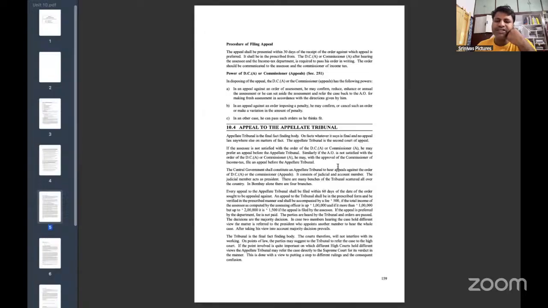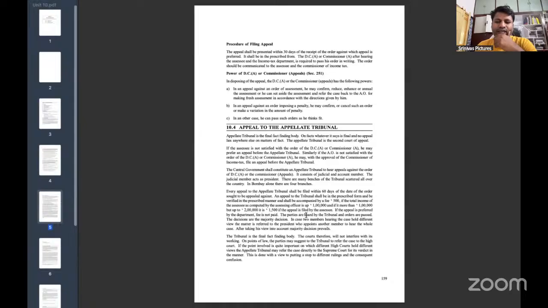The Central Government constitutes the Appellate Tribunal, which hears appeals against the orders of the Deputy Commissioner of Appeals and Commissioner of Appeals. It consists of judicial and accountant members, with a judicial member as president. There are many benches of the tribunal scattered over the country. In Bombay alone there are 4 benches.